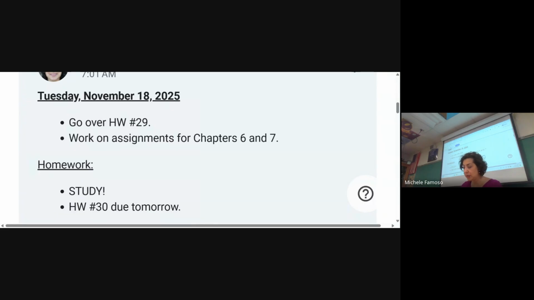Why is 22B negative? Okay, so let's look at what the question states. This is chapter 6. 22 states that a 6 kilogram box is being raised through a distance of 3 meters. The box is going up 3 meters.